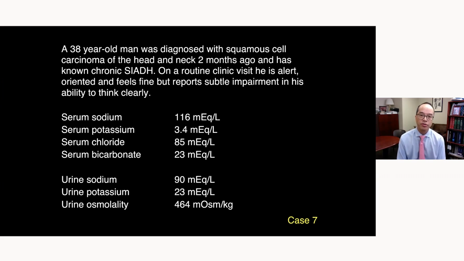Next, a 38-year-old man was diagnosed with squamous cell carcinoma of the head and neck 2 months ago and has known chronic SIADH. On a routine clinic visit, he is alert, oriented, and feels fine, but reports subtle impairments in his ability to think clearly. So he has a serum sodium of 116, potassium 3.4, urine sodium is 90, potassium is 23, and his urine osmolality is 464.